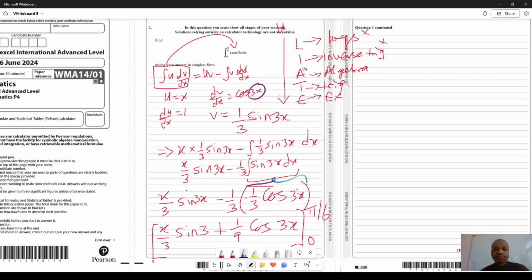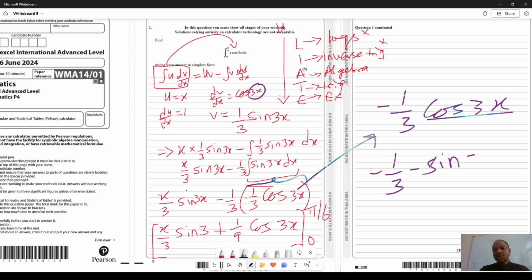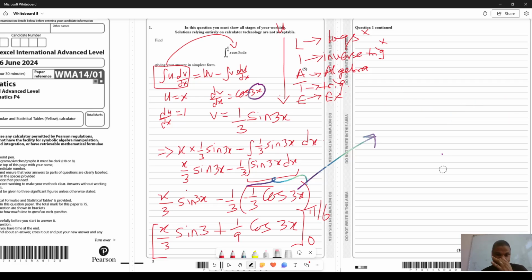So minus 1 by 3 cos 3x, if I differentiate, minus 1 by 3 cos is minus sine, so sine 3x, then times 3. So we cancel this. Minus times minus is plus, so I'll get that. So always try as much as possible to check your answers. It is very important. If you are good with differentiation, you can always check what the answer will be.